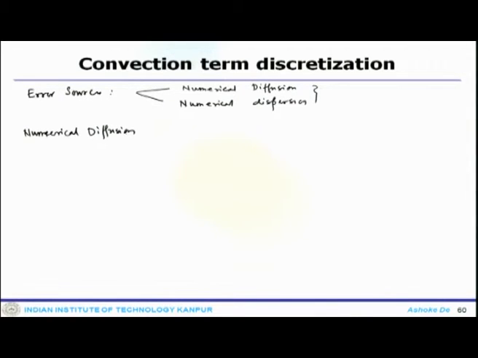One is the streamwise, the other is cross stream. So, streamwise diffusion will be along the normal direction, and cross stream is across it.